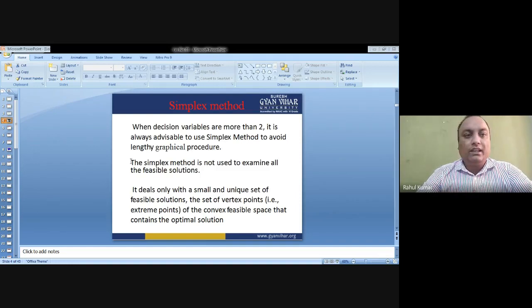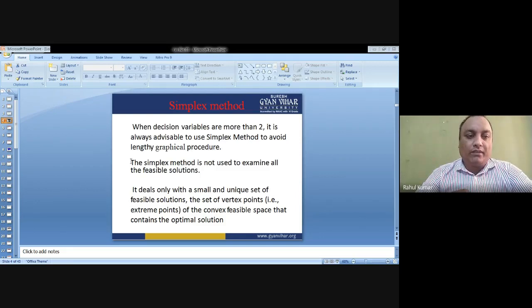The simplex method does not examine all feasible solutions. It gives one particular value for the objective function.